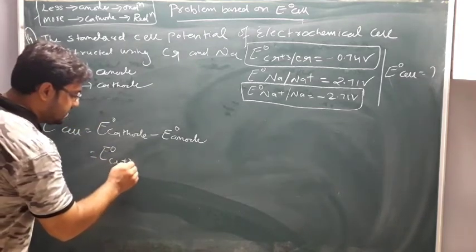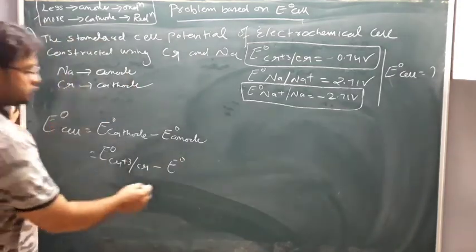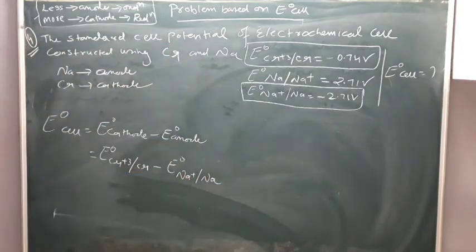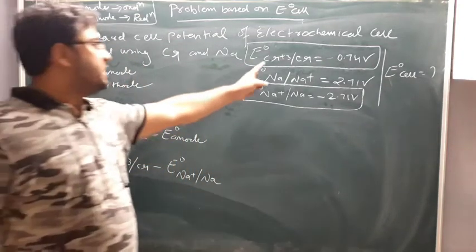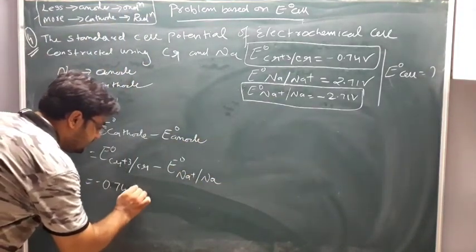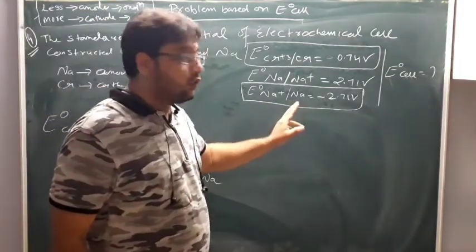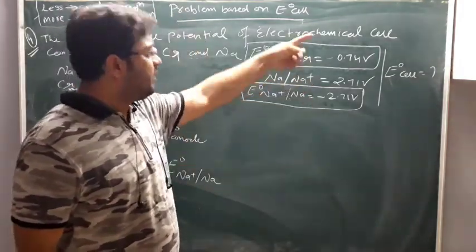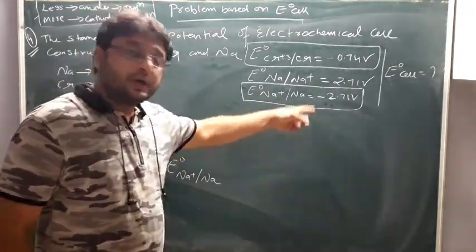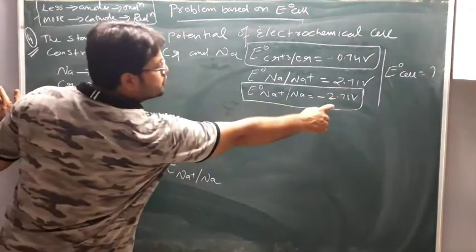So E0 Cr3+/Cr minus E0 of the anode, which is sodium, Na+/Na. Clear? Now the reduction potential value for chromium is given: minus 0.74 volt. Minus, from the formula. Is the sodium reduction potential value given? No, they have given the oxidation potential value, but we have converted it into reduction potential value, because we should use reduction potential value only. So the sodium reduction potential value is minus 2.71.